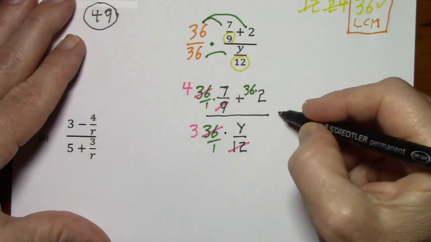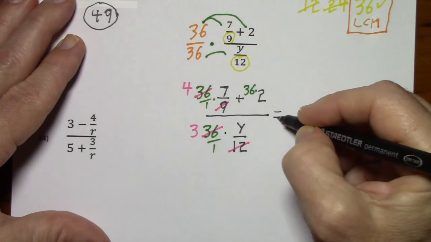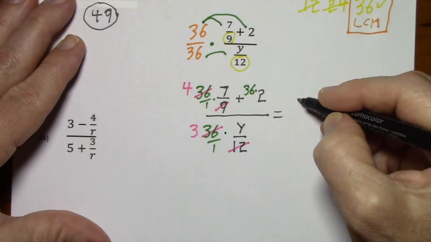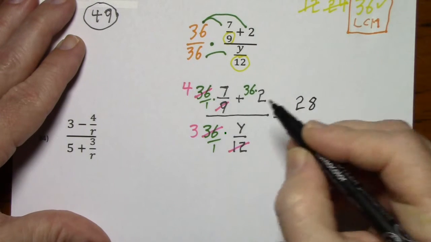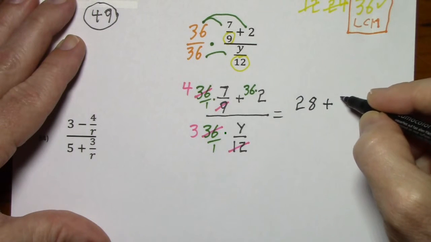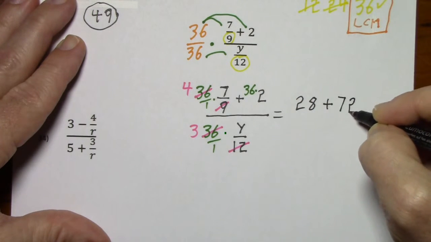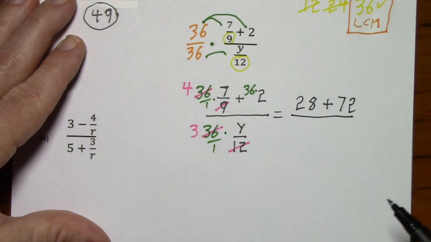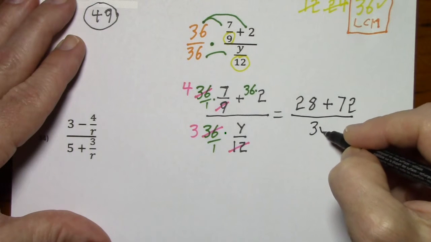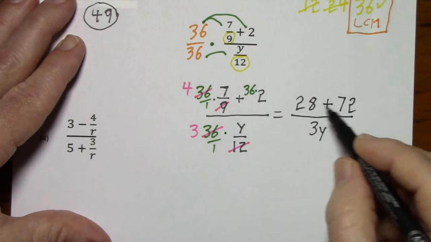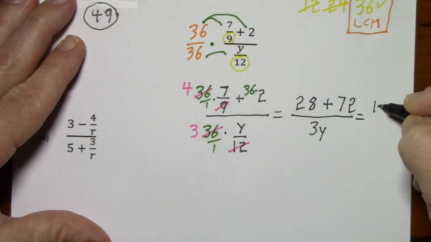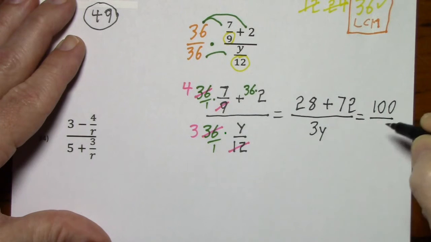So now I'll work sideways just to show what we have here. 4 times 7 plus 36 times 2, and here it's just 3 times y. 28 plus 72, I can combine them. Leaves us with 100 over 3y.